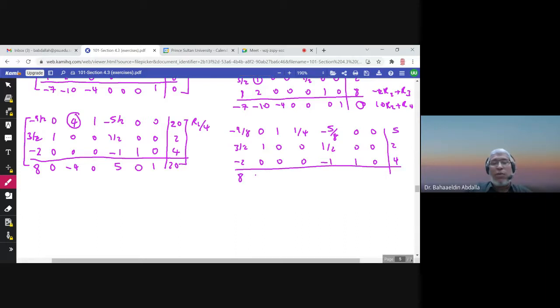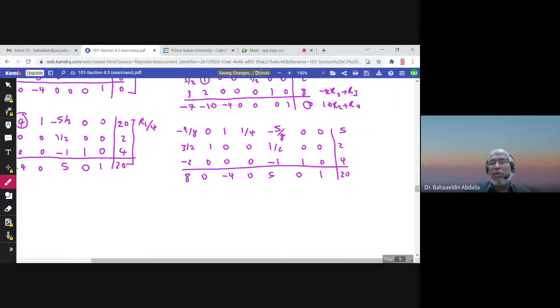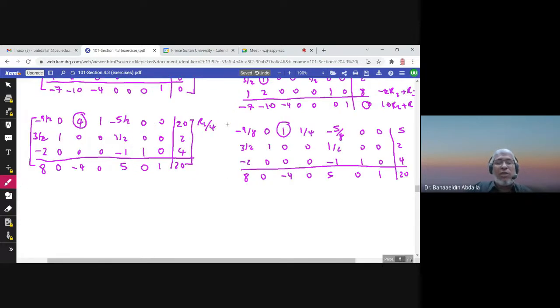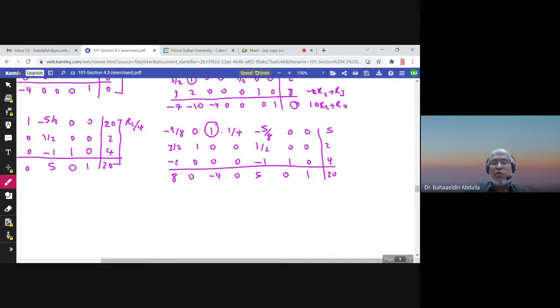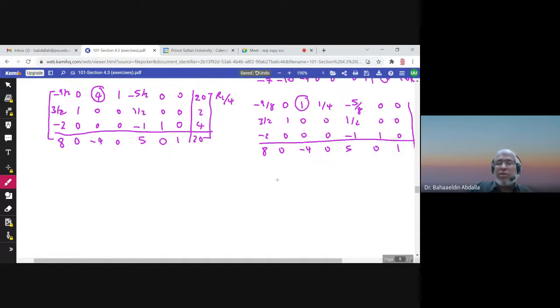I hope I did not do any mistake up to here, because you see it's a lot of calculations. All right, now it is not a final matrix yet, so this is the pivot entry, okay? So we use it to make all the numbers zeros. Good for us. It is only the last one. So 4R1 plus R4. That's excellent.